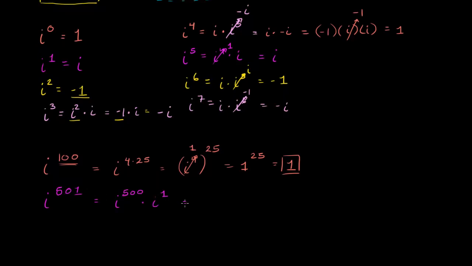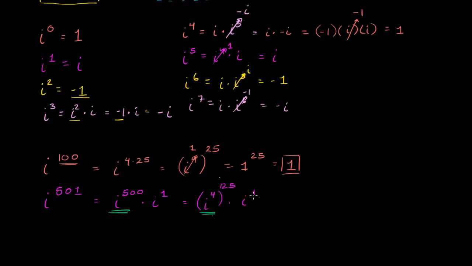And we know that i to the 500th power is the same thing as i to the 4th power, 4 times what? 4 times 125 is 500. So that's this part right over here. i to the 500th is the same thing as i to the 4th to the 125th power, and then that times i to the 1st power.